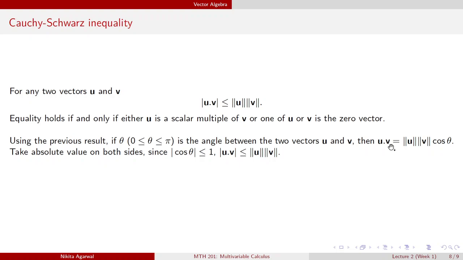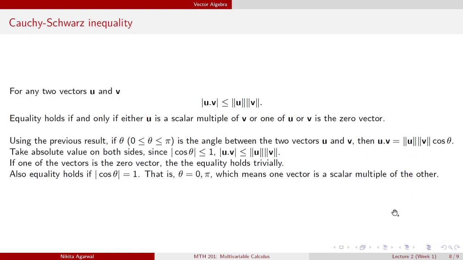Now when will these two things be equal in modulus? If cosine theta in modulus is equal to 1, which means that cosine theta is equal to plus 1 or minus 1. So theta has two possibilities, one is 0, other is pi. Only at these two values in the interval 0 to pi, cos theta is plus 1 or minus 1, right?